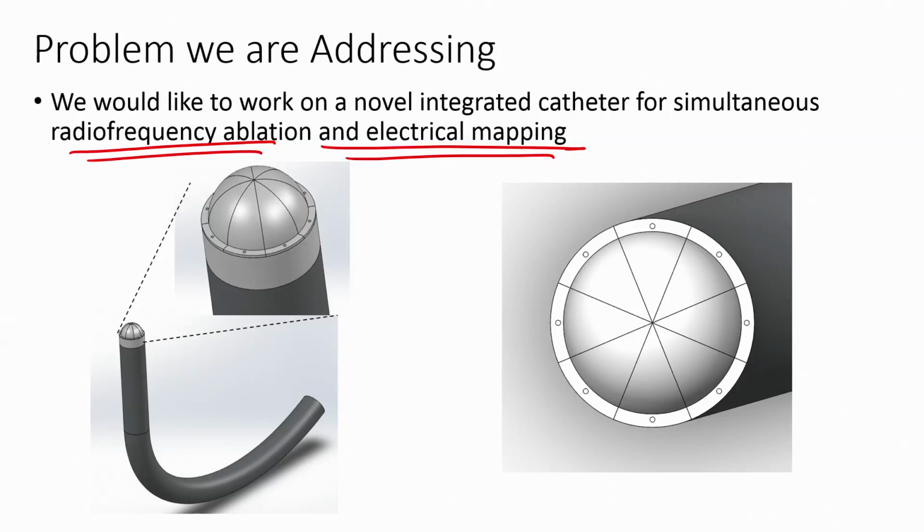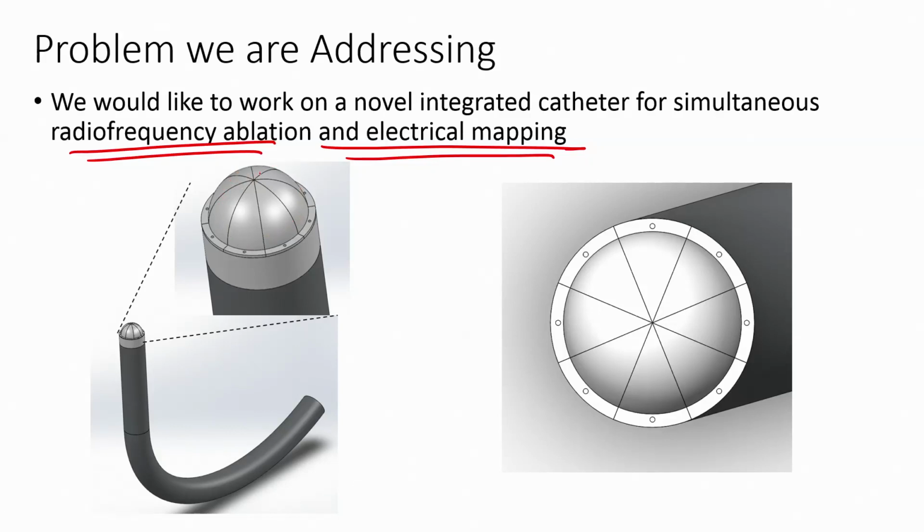So, what kind of design can I do so that I have both in one, right. If I have this catheter and if the dome shape opens up, and another catheter comes out which can perform the electrical mapping, then it can do both electrical mapping, and this external one can apply RF frequency. So, it can perform RF ablation.